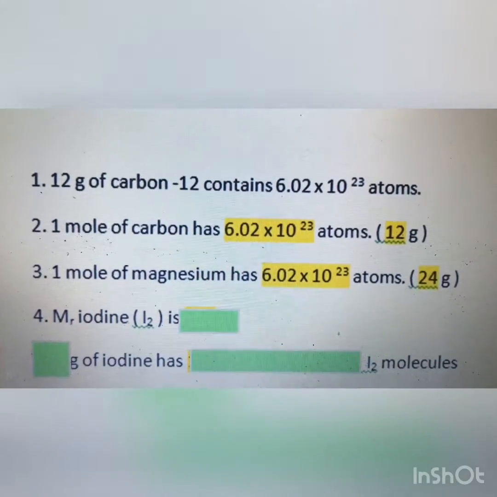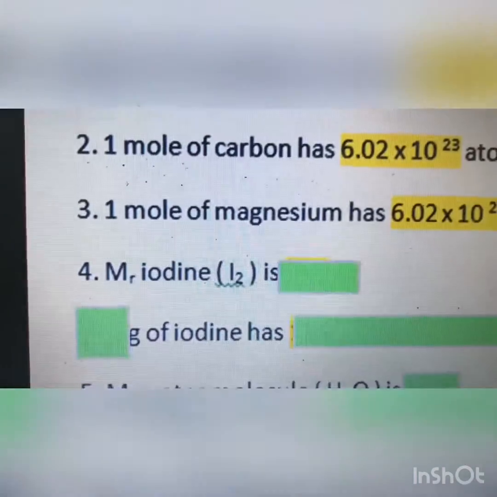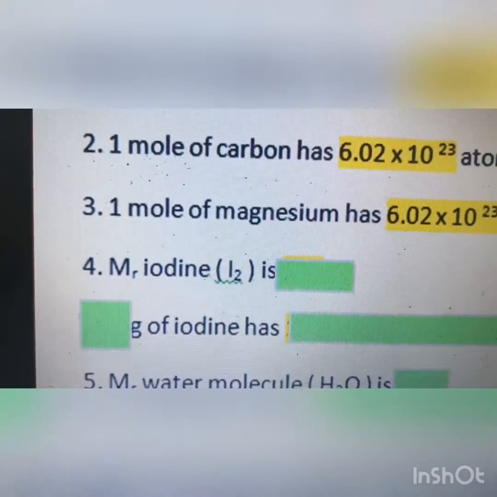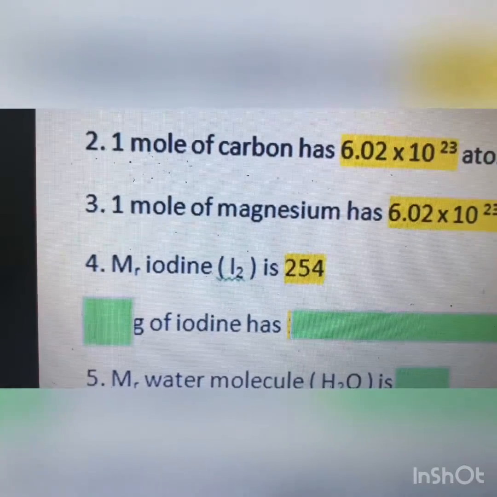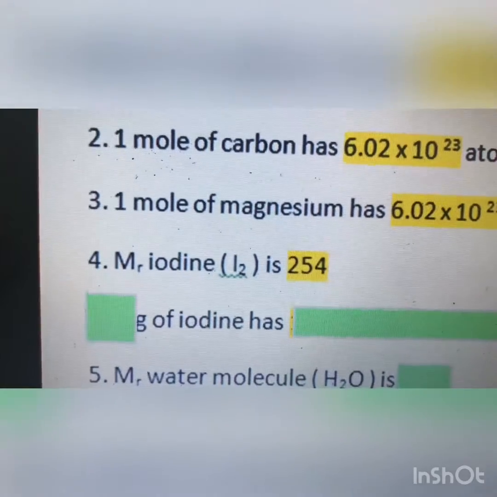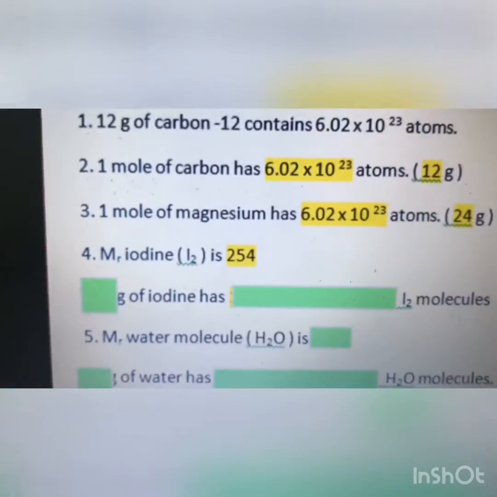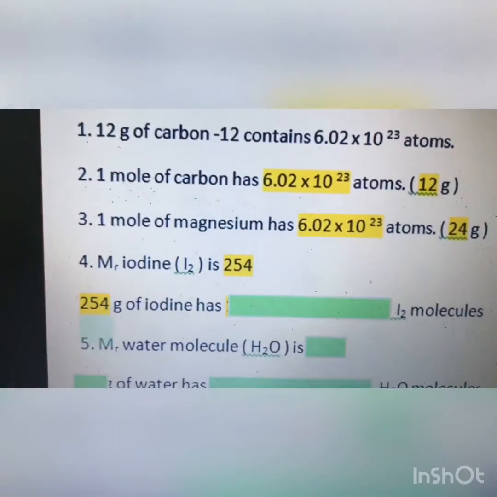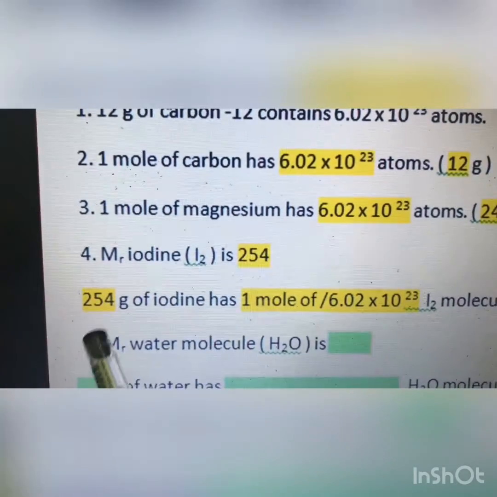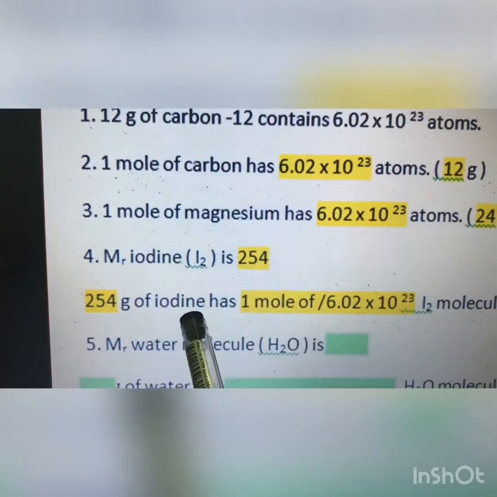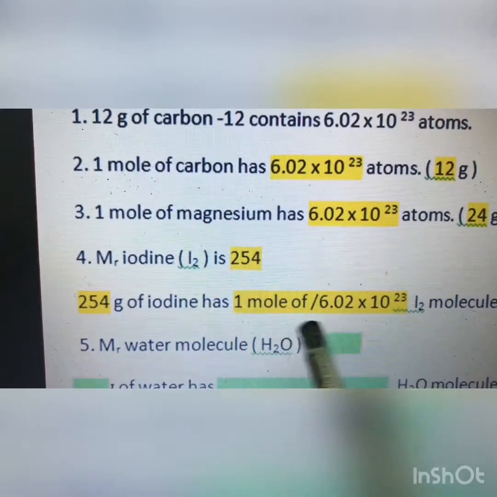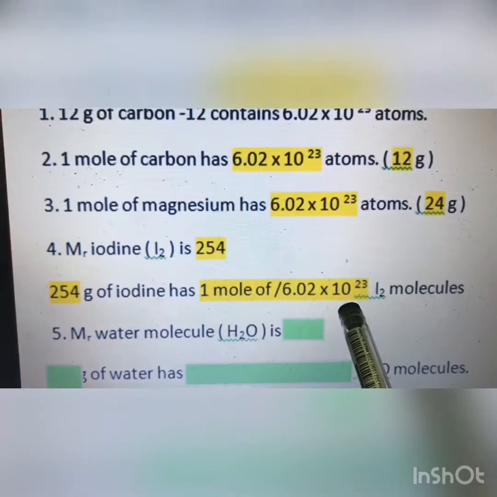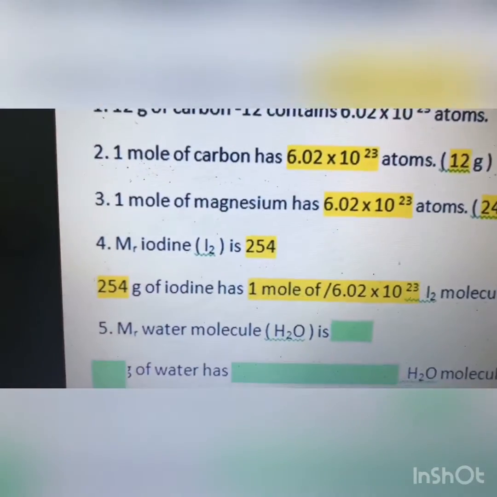So 24 gram. So number 4, the molecular mass for iodine is 254. So how many gram of iodine molecule? So the answer is still the same. So 254 gram of iodine has 1 mole or 6.02 times 10 to the power of 23 iodine molecule.